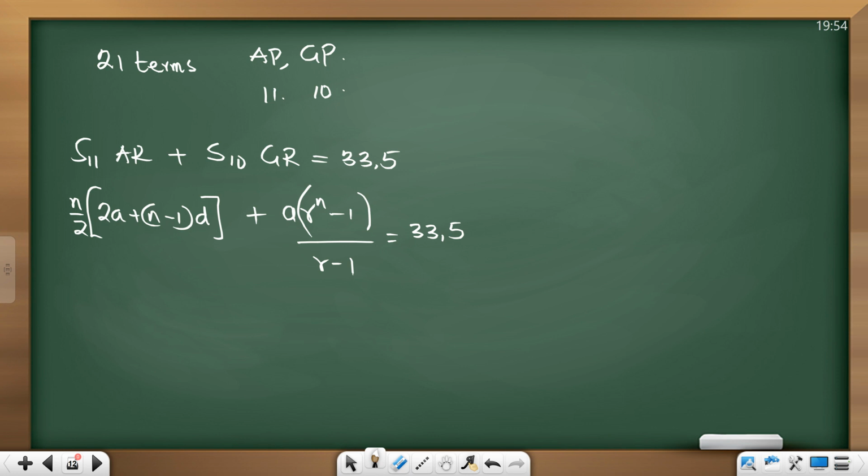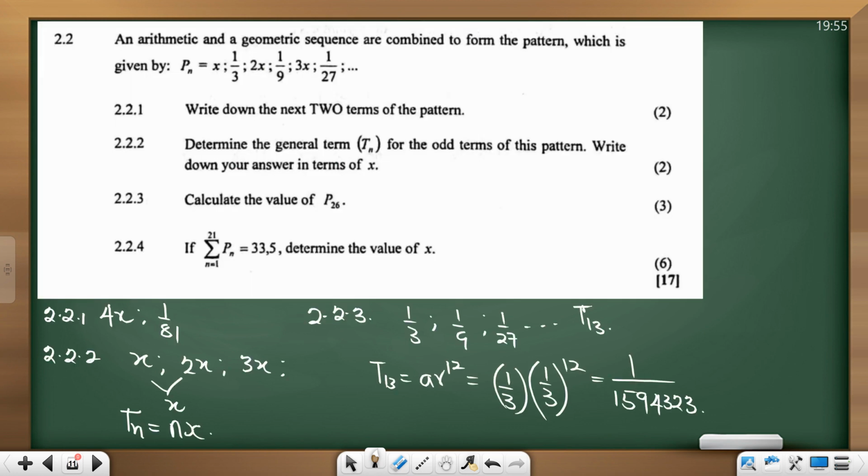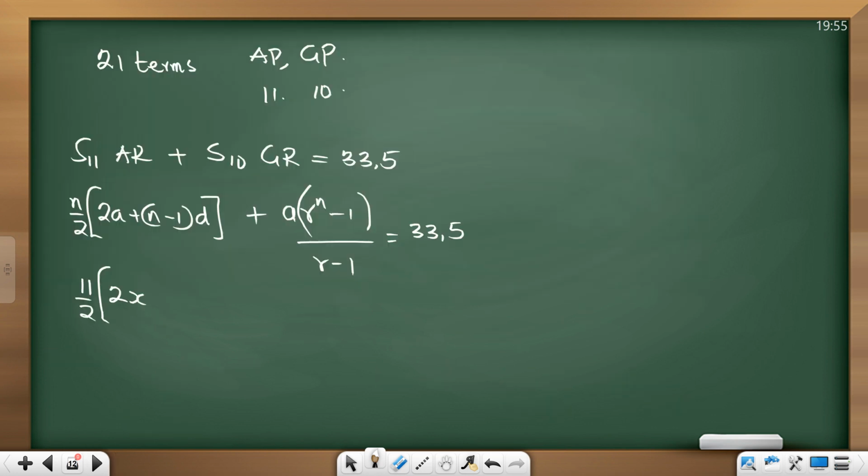What is our n here? 11 over 2. What is our first term? X on the arithmetic. How many terms? 10. Our difference. Plus, what is our A here?